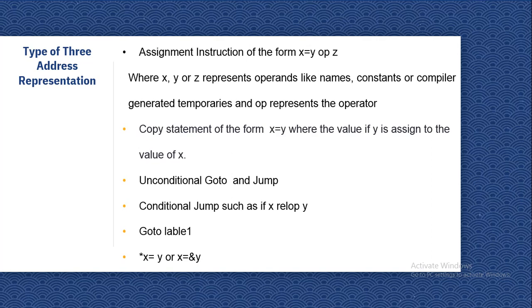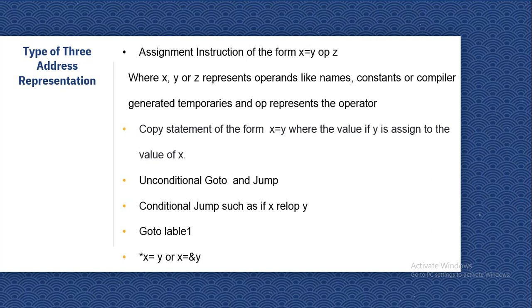If we are using an if statement with some relational operator on x and y, then it is also in three address representation. We use the concept of pointers also. Like if a pointer variable is holding some address, then it is also in the three address mode. These concepts we have studied in the last lecture also.